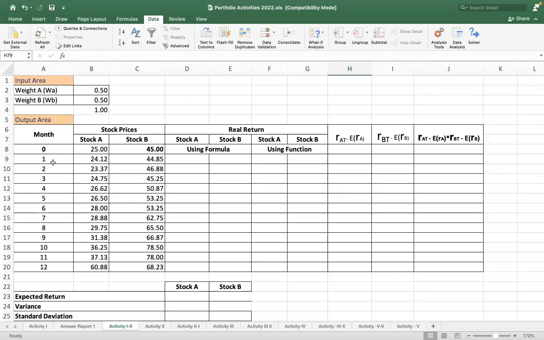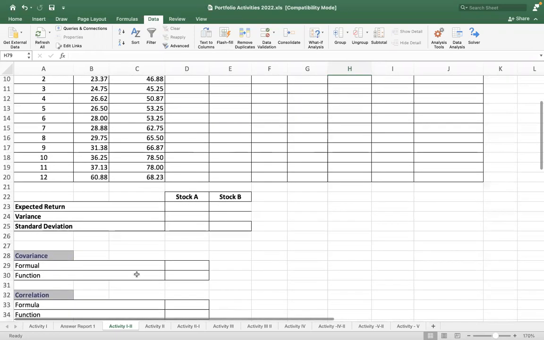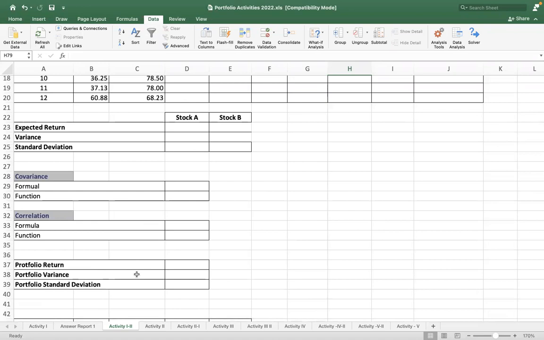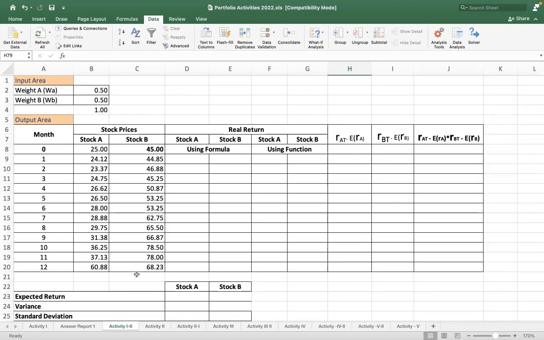You are given the stock prices for A and B. For each month, it may be the average price per month, right? Normally daily prices are there, so based on the daily prices we can calculate the monthly average price. Here you are already given the monthly prices. So we are expecting you to calculate the portfolio return and the portfolio standard deviation representing the risk. Please copy this information into your Excel sheet and we'll practice it.